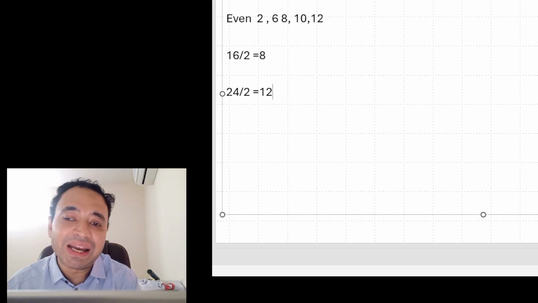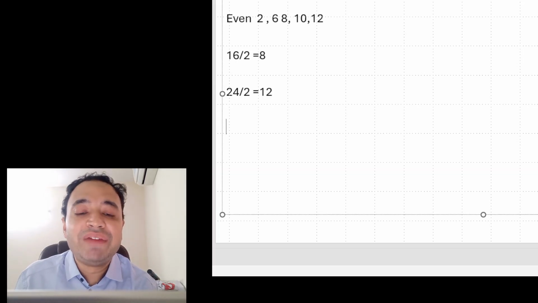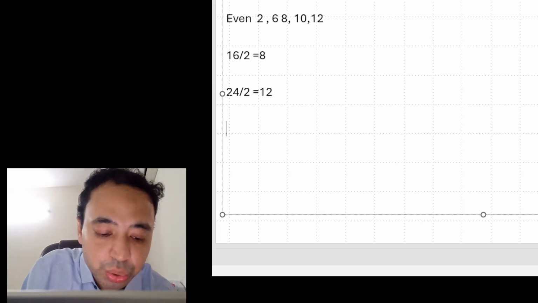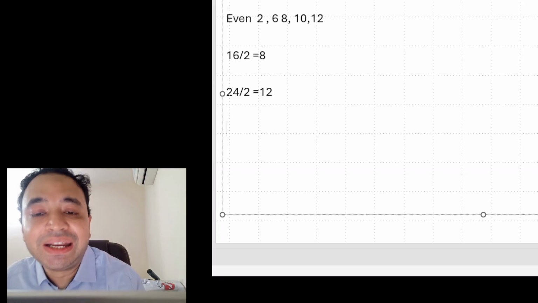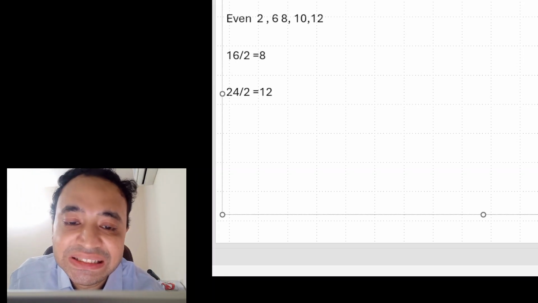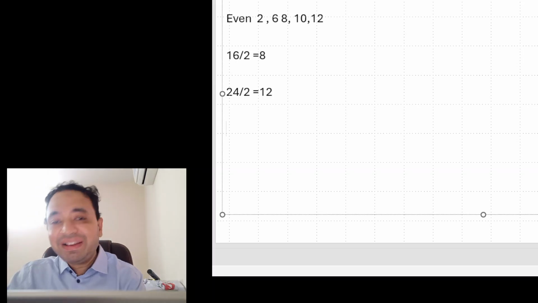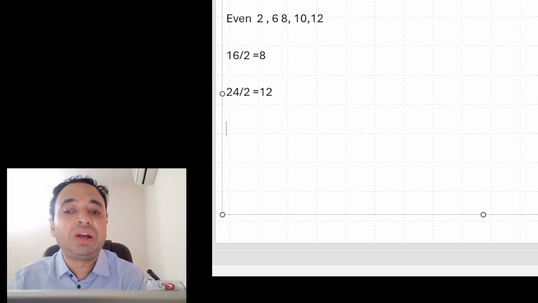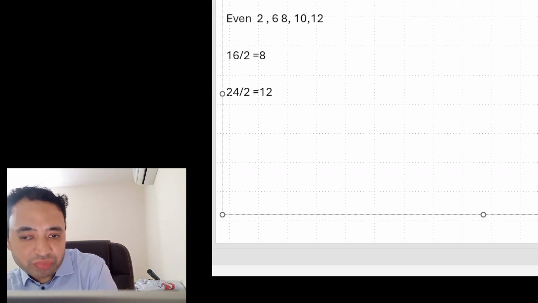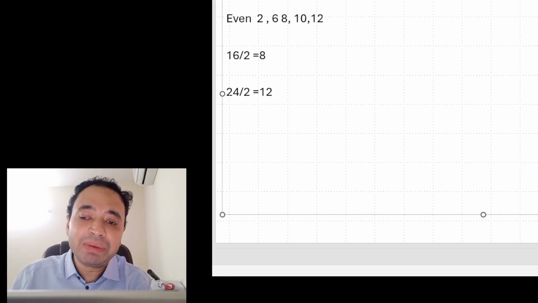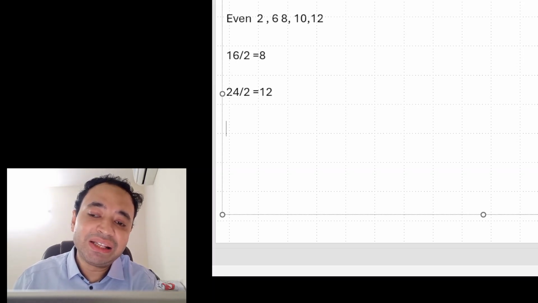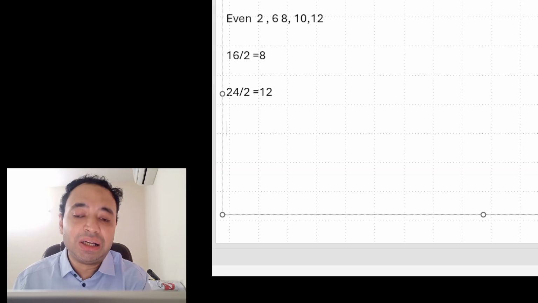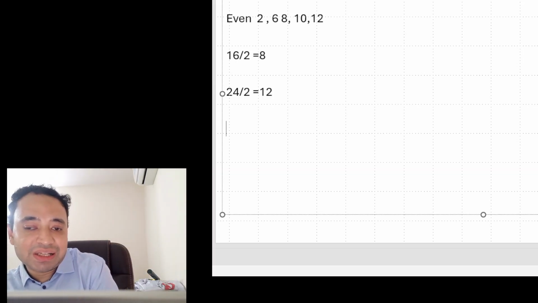So if you see this pattern here, be it 2, 4, 6, 8, 10, 12, 16, 24, you will find the number is even. If the last digit in any double-digit or triple-digit number is even, the whole number is an even number.